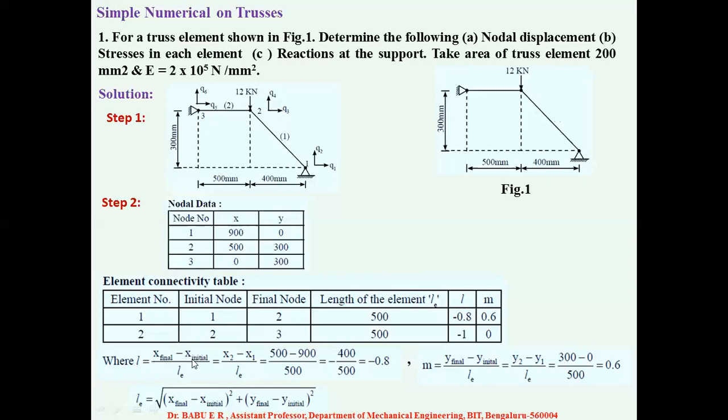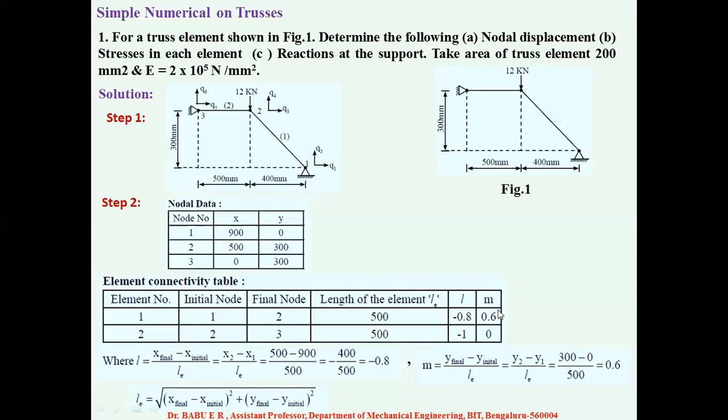For element 1, the final node is 2, the initial node is 1. So this equation becomes x2 minus x1 divided by length of the element. x2 is 500, the value of x1 is 900, divided by length of the element, 500. Substitute over here, you will get the value of L as minus 0.8.